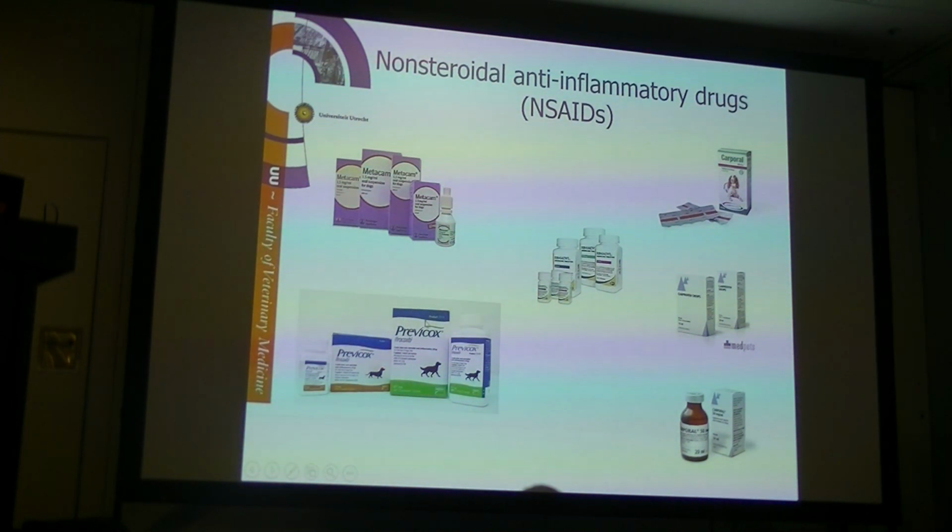We have Metacam, we have Previcox, we have Rimadyl, and the patent has expired on Rimadyl, so everybody is copying it. Carparol, Carprodil, etc., etc. It's all the same stuff. It's all Carprofen. And these companies put that on the market. And these are the NSAIDs that deal with this pain pathway, which centers around PGE2.